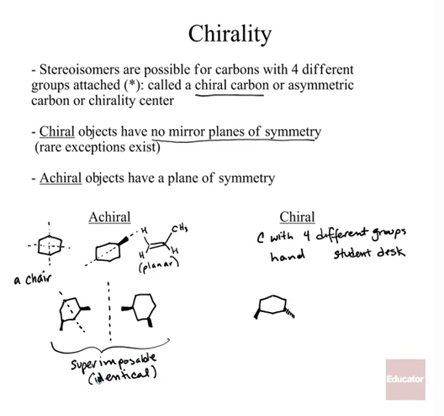Now let's do the same thing with this second structure. So right here I have a molecule drawn where the one on the left is a wedge pointing up. The one on the right is a dash pointing down. Okay, and then let's draw its mirror image. What does that mirror image look like? So we draw another cyclohexane ring. This one is the closest here, and pointing in this direction we have a dash.